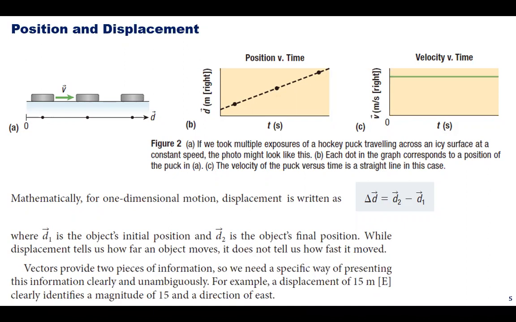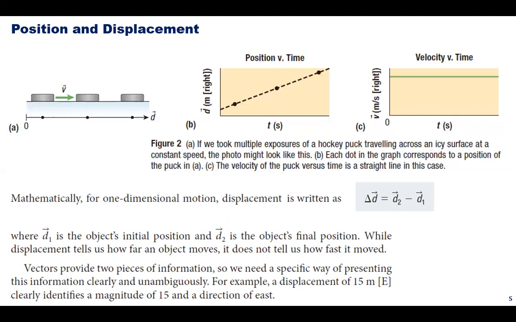Here, we measure motion, we measure position, the distance and the direction of an object from a reference point, as the distance from the origin on the horizontal axis to the center of the hockey puck. For one-dimensional motion, distance specifies the motion of this object.